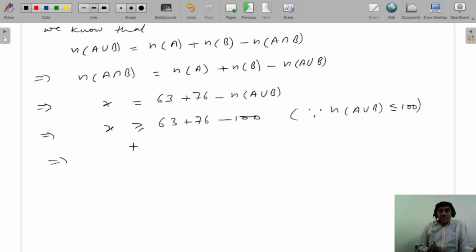This implies x is greater than or equal to 139 minus 100. This implies x is greater than or equal to 39.